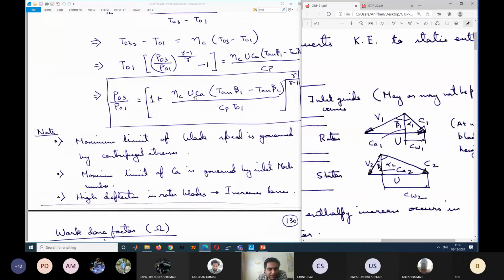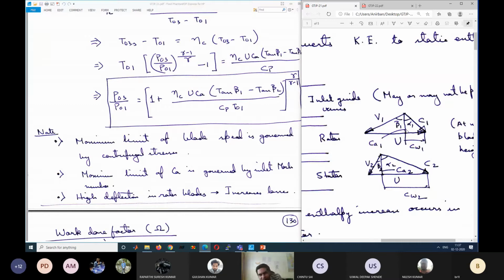We can design with a larger value of U, so that the rotation is faster, RPM is high, so that U is larger. But there is a limit which is governed by the centrifugal stresses. You cannot just keep on increasing the blade speed, so you cannot arbitrarily increase U. The maximum value of CA, which is the axial component of C1, is governed by the inlet Mach number.